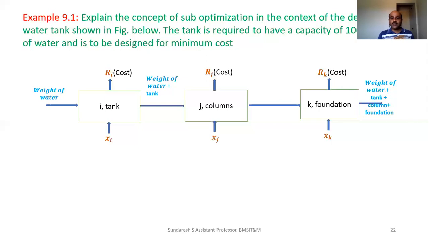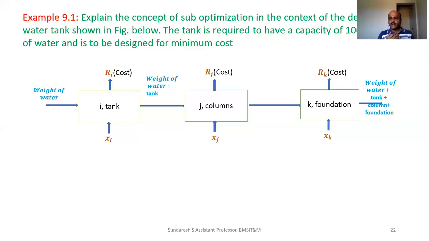Simple example. If I don't follow the procedure and I vaguely start optimizing the columns, the column is the intermediate element between the tank and the foundation. So basically, what do columns require? Columns require steel, that is reinforcement, and concrete.